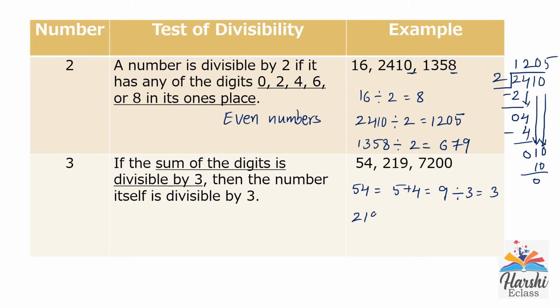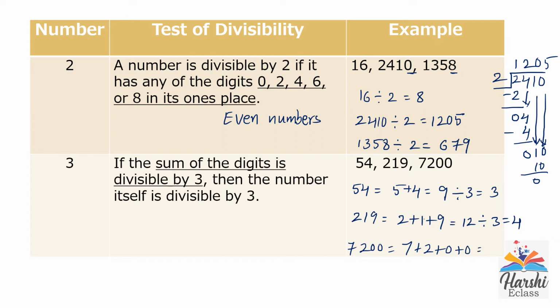Next example, 219. 2 plus 1 plus 9. 2 plus 1 is 3. 3 plus 9 is 12. 12 is divisible by 3. 3 fours are 12. Next number is 7200. 7 plus 2 is 9.